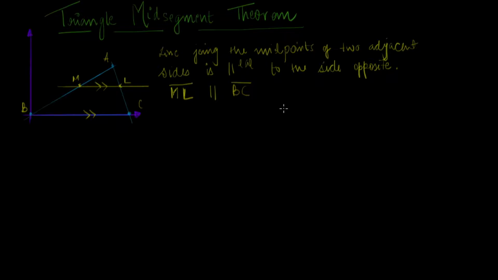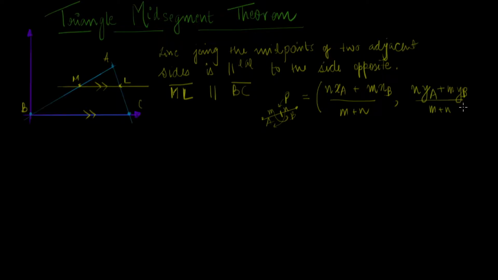I can write a general formula for a line segment, and if we recall, the point P, which divides the line segment AB in the ratio m to n, like so, has the coordinates x of a multiplied by n plus m multiplied by x of b divided by m plus n, comma, n times y of a, so that's the ratio for the other side of a, times the y coordinate of a, plus m times y of b. We always take the opposite product and divide by m plus n.